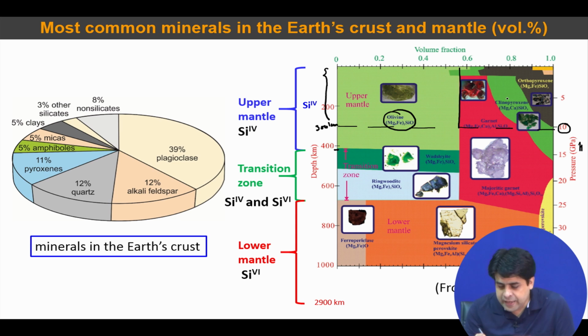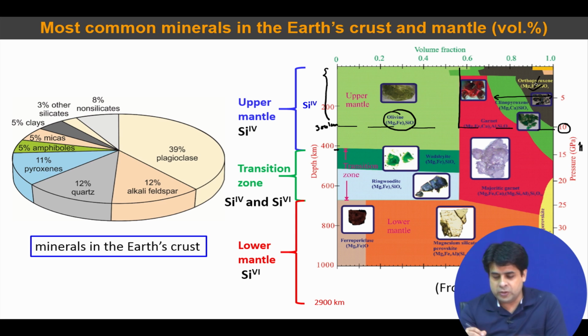The remaining 25 to 28% is basically your two pyroxenes. You will observe that when you cross the 300 kilometer depth, which is equivalent to 10 gigapascal, orthopyroxene is not stable below this depth.